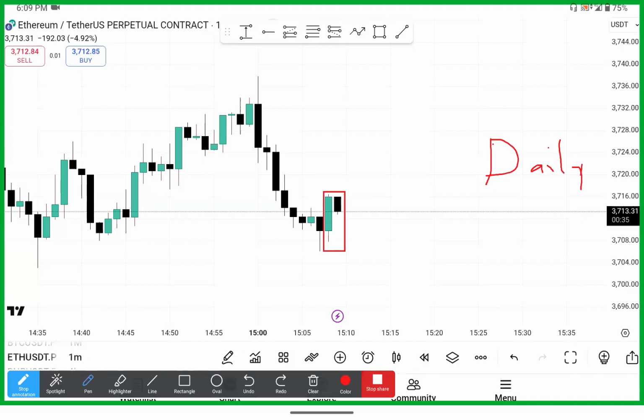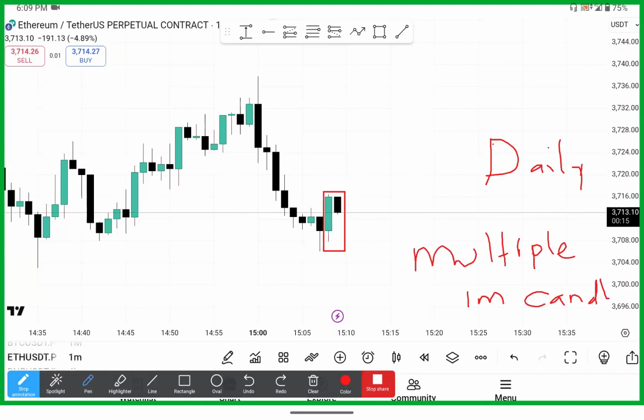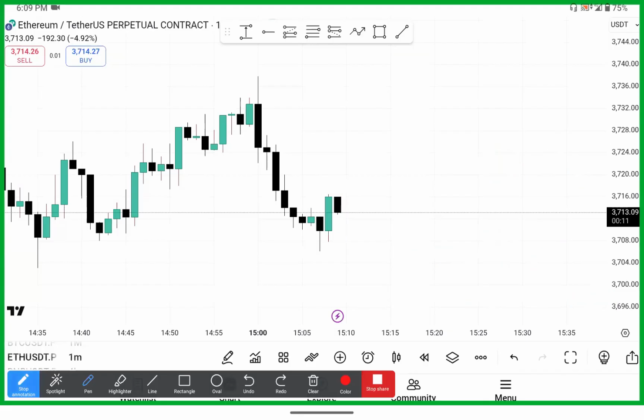Why? Because every daily time frame has multiple, if not millions or thousands of 1 minute candles. So it is the same if you go to 1 second.